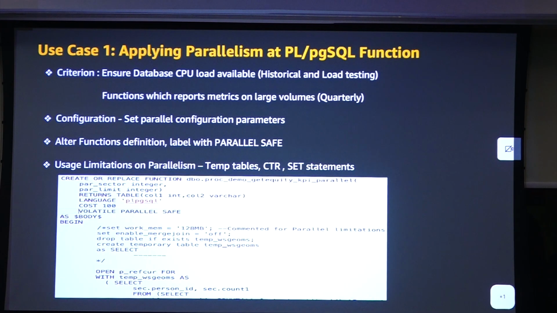This is one function where we applied parallelism, and I want to tell the limitations as well. By default, Postgres functions come as parallel unsafe. You need to make it parallel safe, and then the function will pick up parallelism. But when invoking parallelism, there are certain limitations.